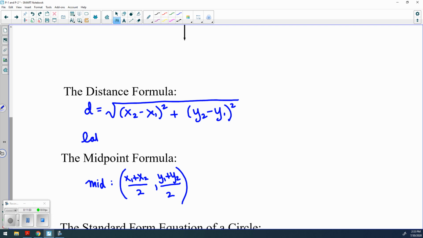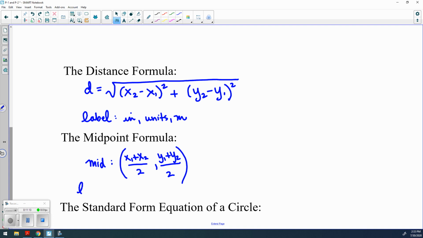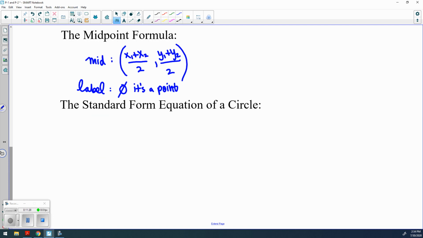Your label for a distance might be inches or units or meters. And then your midpoint isn't going to have a label, because remember, your midpoint is just a point.